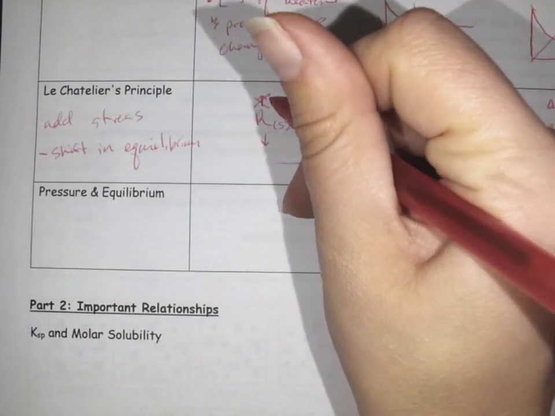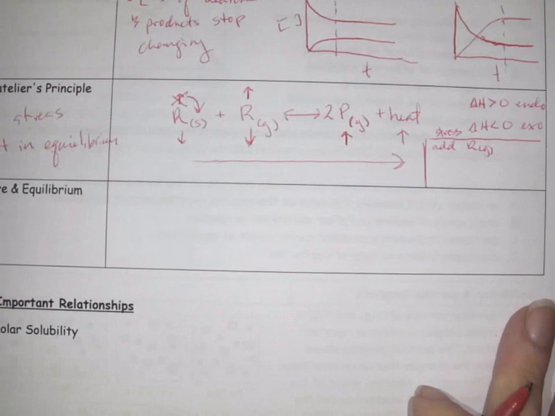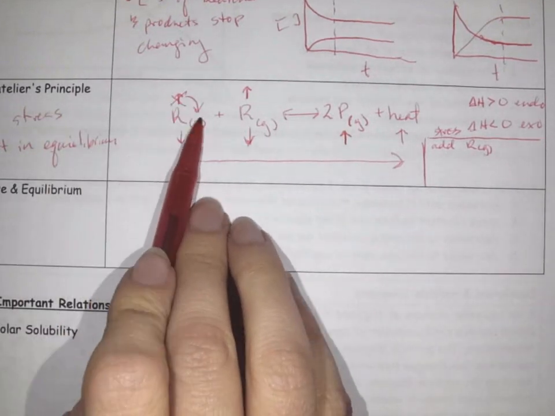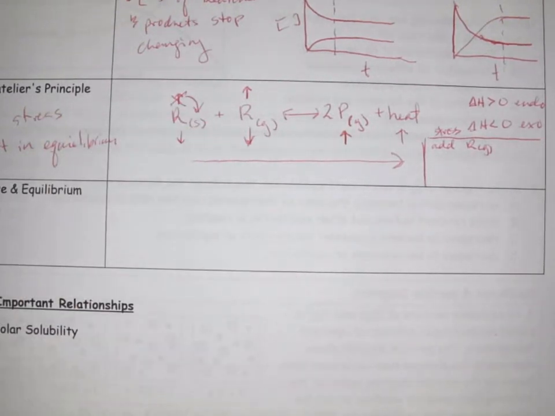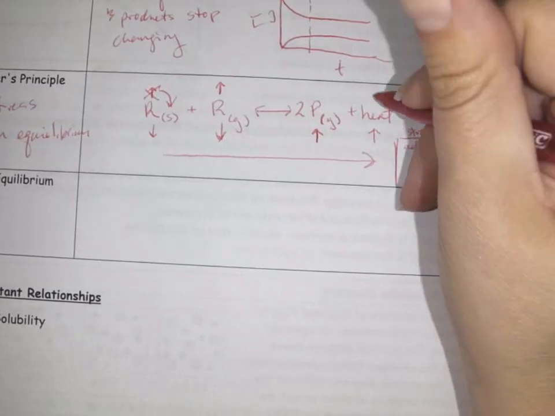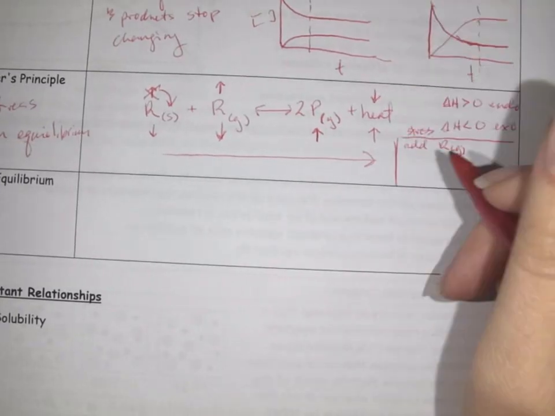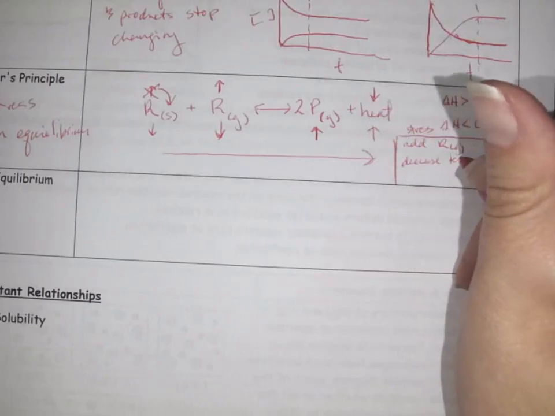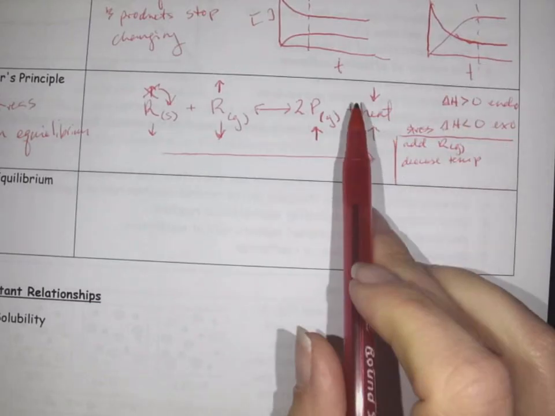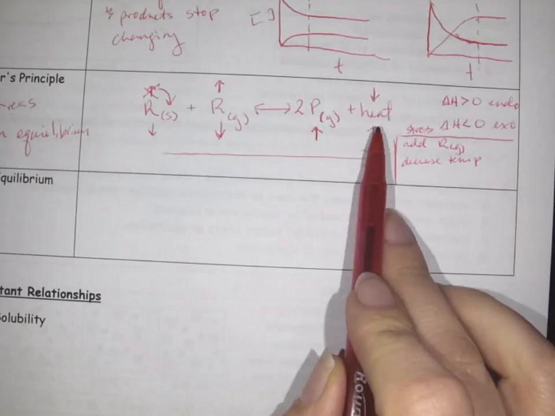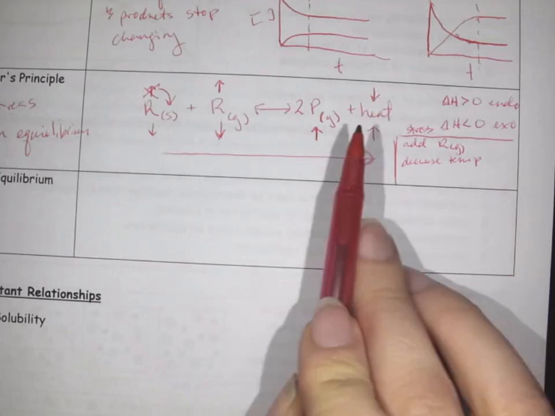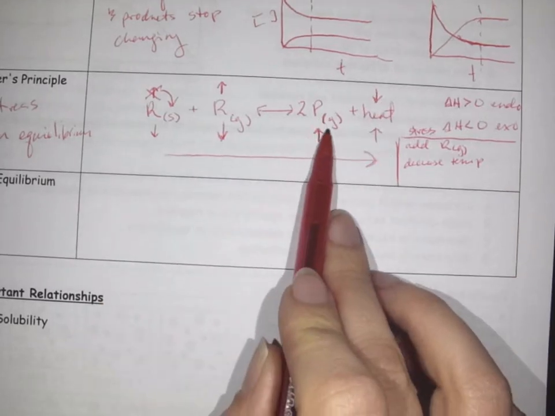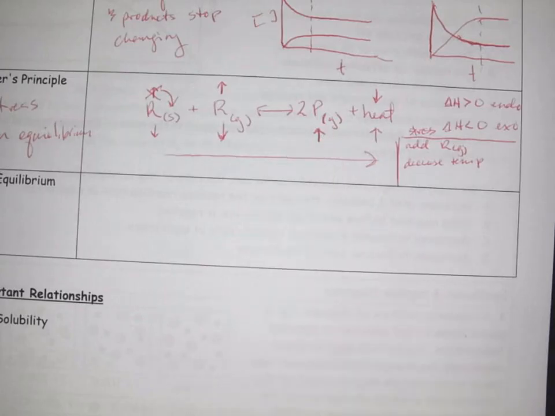Because this guy is a solid, solids and liquids, that won't work, okay? The other thing that we could do is decrease the temperature. By decreasing the temperature, the reaction responds by trying to increase the temperature, which would cause us to favor the forward reaction and produce more of that thing that we're wanting.